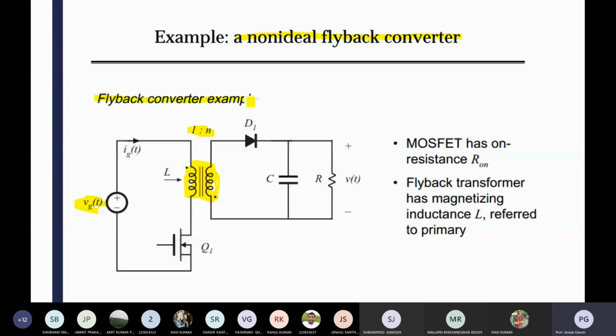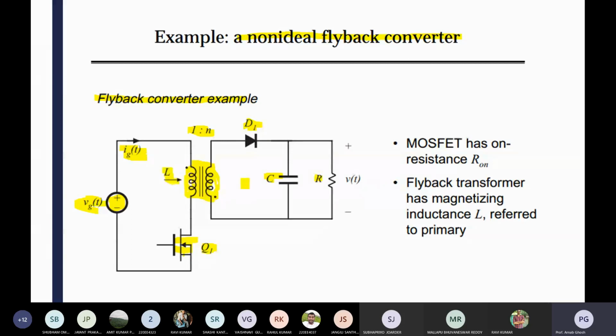Here you can see the DC is on the input side, and the switching device: you can observe that the MOSFET switch is here, and IG is your input current. The rest is the same: D1 the diode, the capacitor and the resistance. In this case the inductor behaves as an energy storing element as well as the transformer.